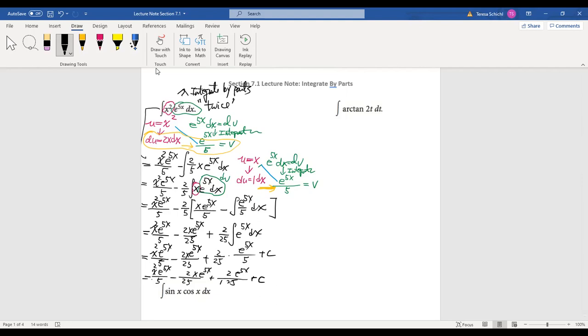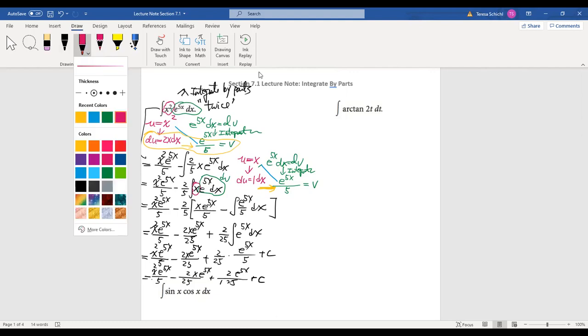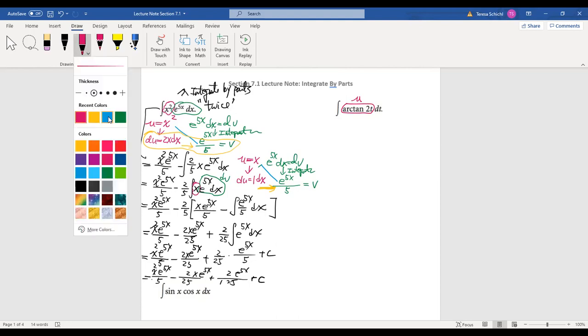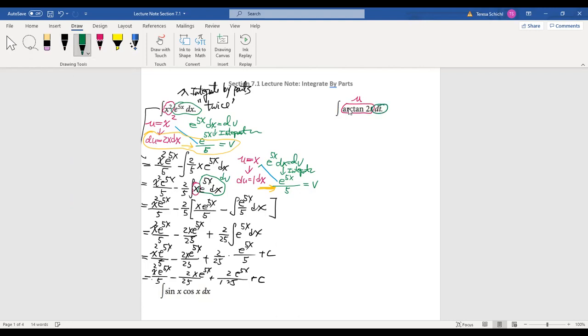This one here is the integral of arctan 2t dt. For this one, it looks like I really have no choice. I need to have arctan 2t as my u, because I know the derivative of arctan, and the remaining part will be dv.